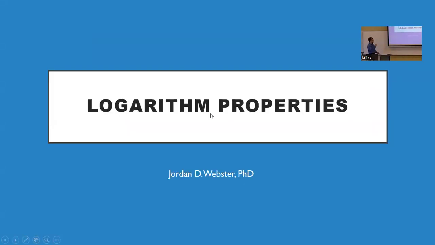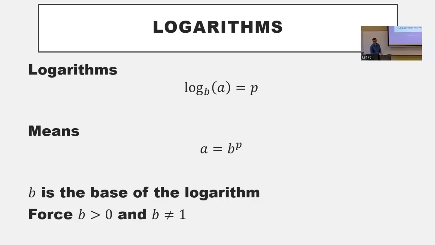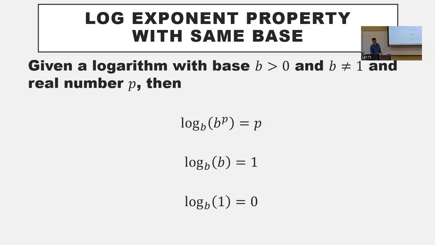All right. So last class period, we did a lot of work with logarithms. And we saw some of these log properties. One of them was our basic log base b scenario. If I have log base b of b to a power, then I just get that power back.